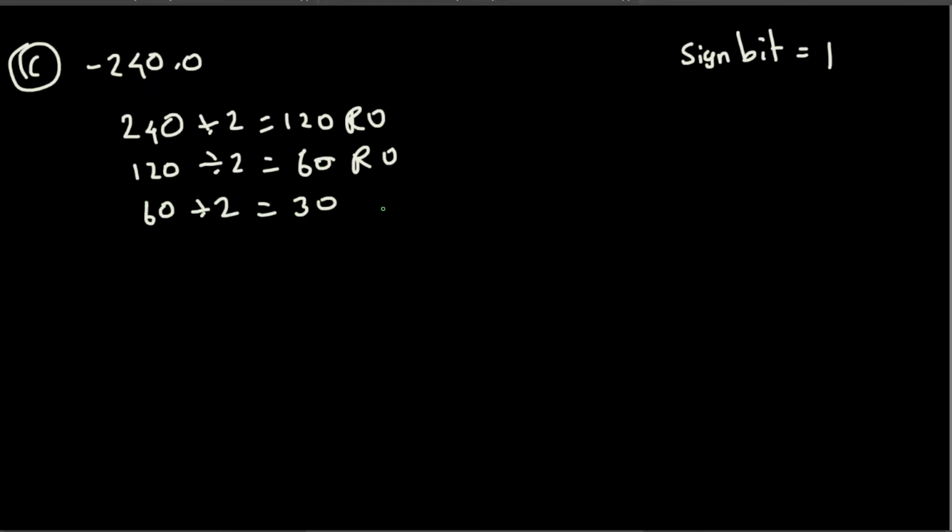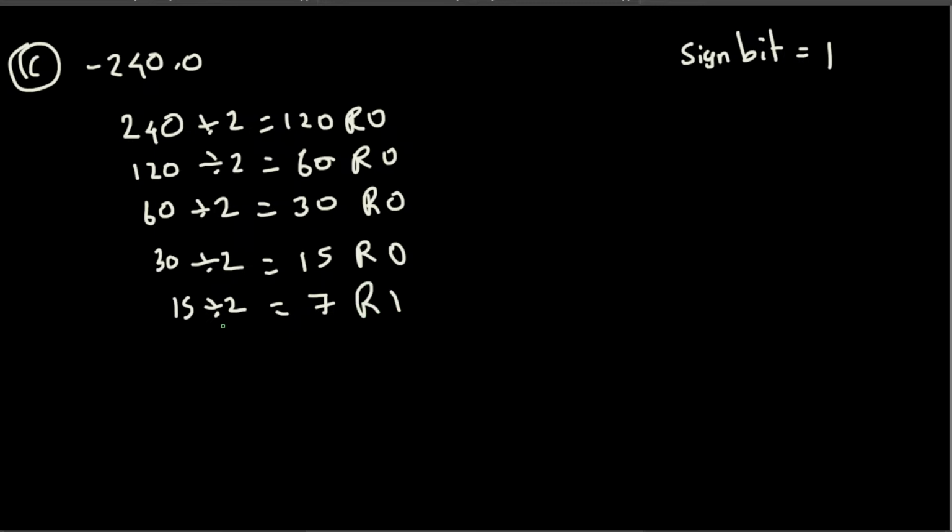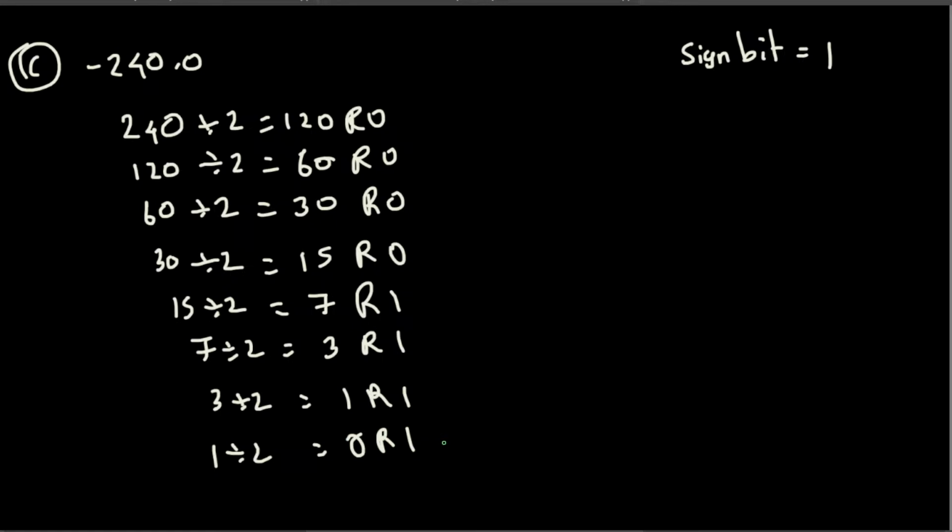The remainder is 0. 30 divided by 2 is 15, and the remainder is 0. 15 divided by 2 is 7, and the remainder is 1. 7 divided by 2 is 3, and the remainder is 1. 3 divided by 2 is 1, and the remainder is 1. 1 divided by 2 is 0, and the remainder is 1. So this is 1 1 1 1 0 0 0 0.